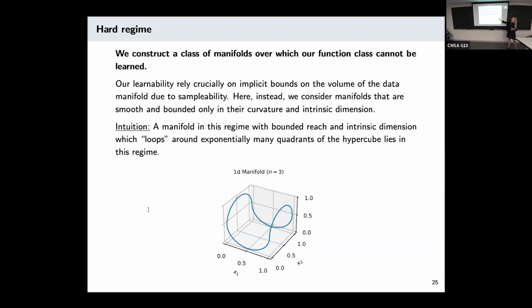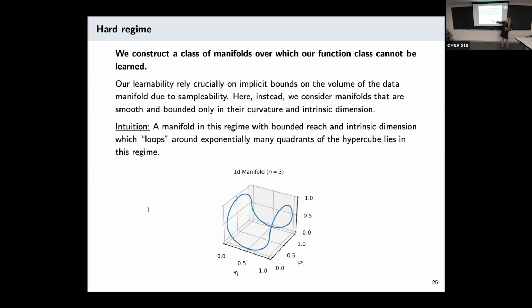The kind of manifold that we construct in the paper is, I have to be honest, very non-intuitive, not something that you would encounter in practice. Just to illustrate how it would look in a very low dimensional setting, it looks something like this. Here we're in an ambient 3-dimensional space, and the manifold is touching exponentially many quadrants of the hypercube, and that exponential dependency allows us to construct an exponential lower bound. It's difficult, without properly going through the details, to really give an intuition on that.